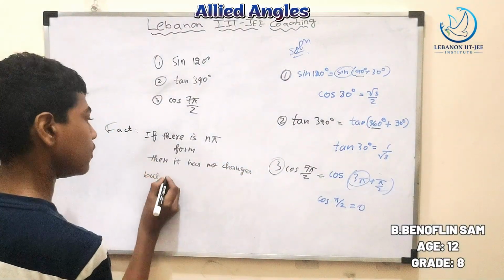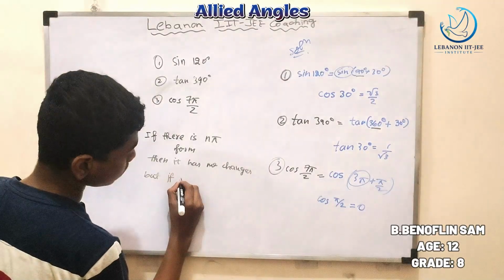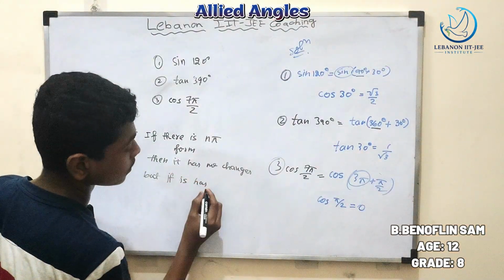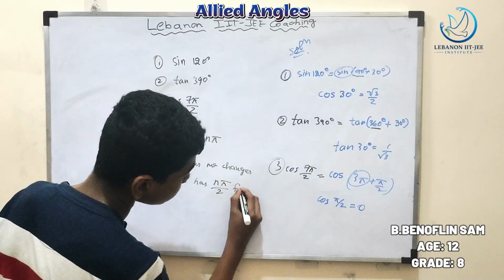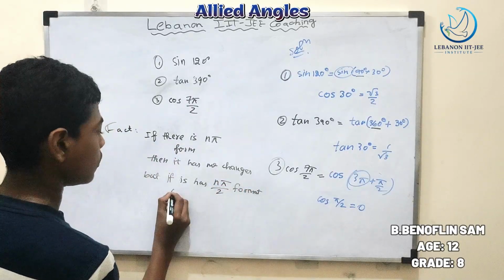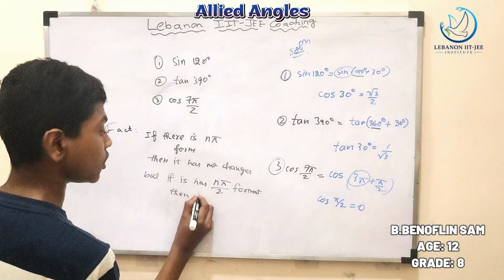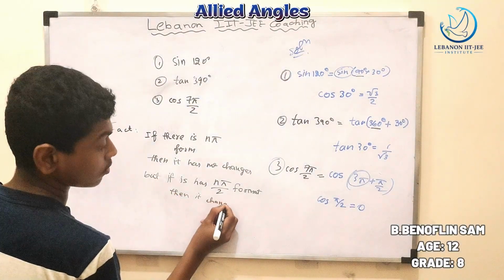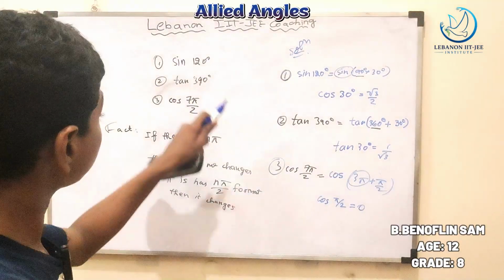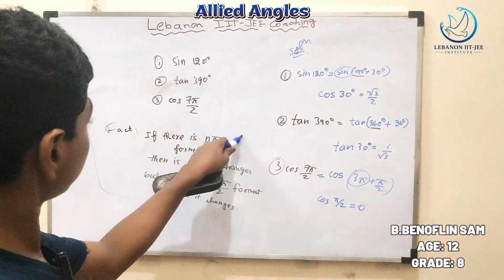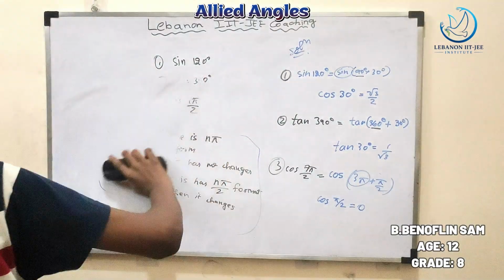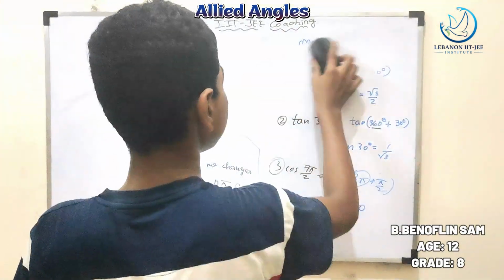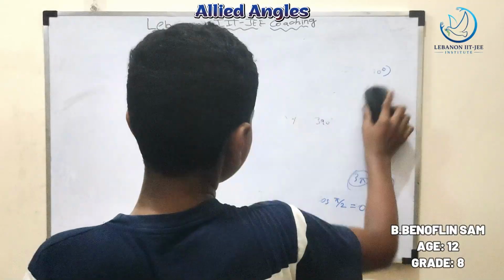But if it has an n pi by 2 format, then it changes. This is a super technique I'm using. So use this and think smartly when adding angles like these.